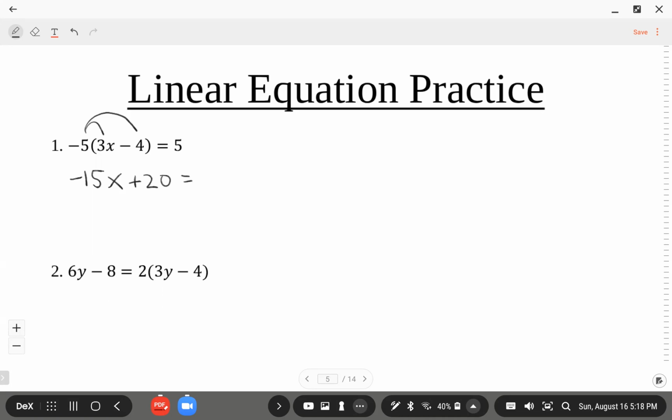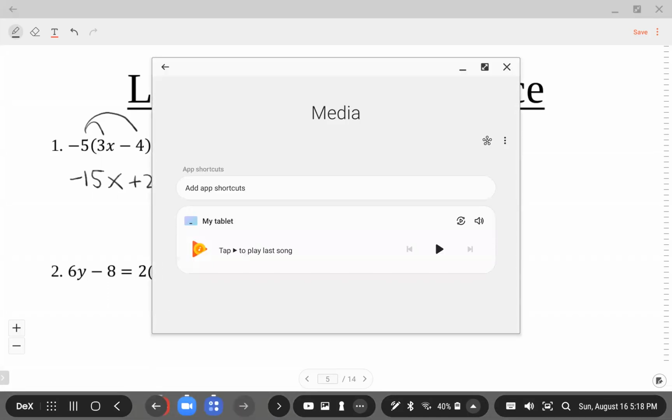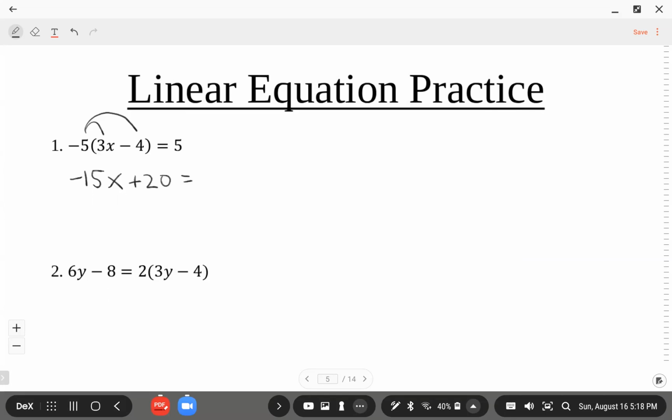Okay, so a lot of people fail to notice this negative sign. So you might have written it as negative 20, okay? So please don't miss that negative sign. Very important, okay? And then we have 5 on this side. So remember inverse operations.